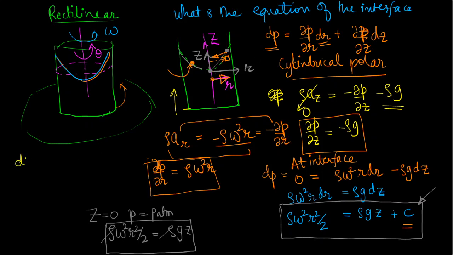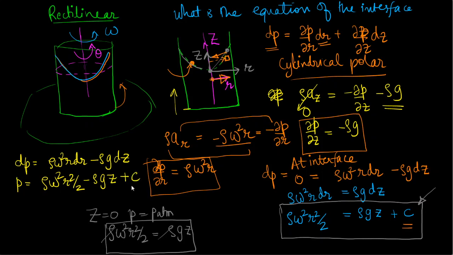Essentially dp is rho omega square r dr minus rho g dz, and p is thus rho omega square r square by 2 minus rho gz plus constant, and the constant that we have chosen is such that in this particular coordinate system r equal to 0, z equal to 0 correspond to p equal to p atm. So the constant when r equal to 0, z equal to 0 becomes p atmosphere.